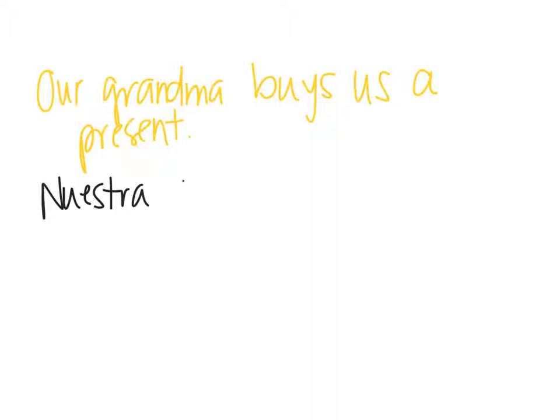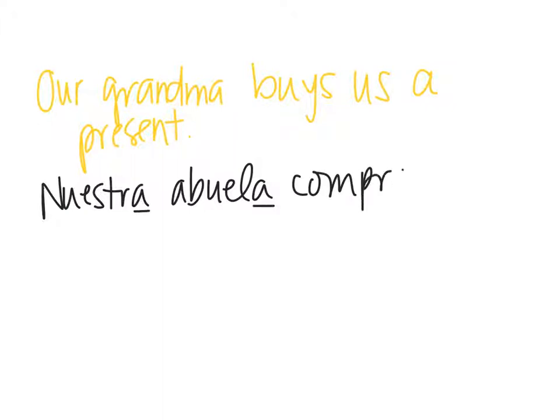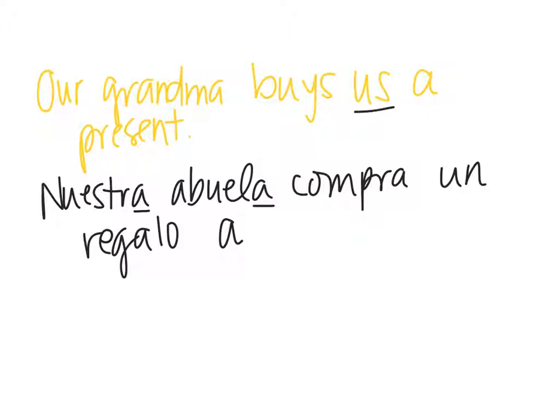Nuestra abuela compra un regalo, a present you haven't learned yet. And then how do I do the indirect object? Not the pronoun, just the regular. A plus the name. Who is she buying it for? Us, which is nosotros. Nuestra abuela compra un regalo a nosotros.